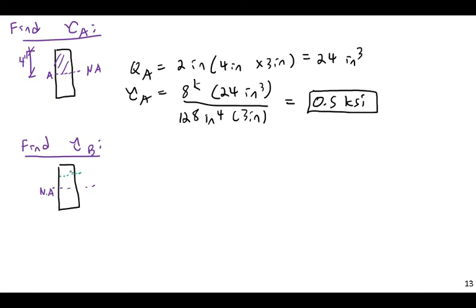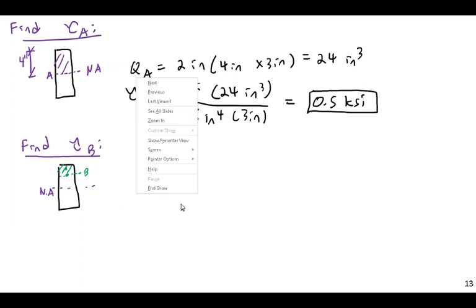So we're looking at the section here. This is point B. So Q is based on the outward section here, which will be 2 inches by 3 inches. And the centroid of this is here. So, let's see.